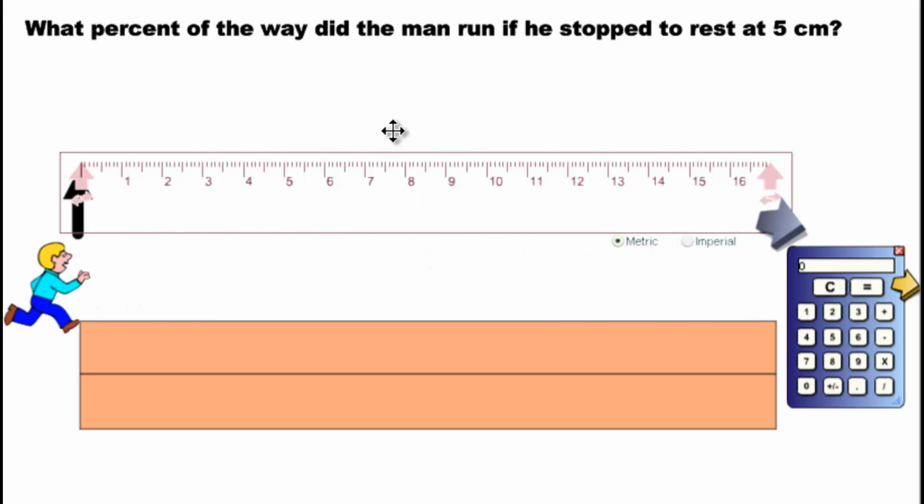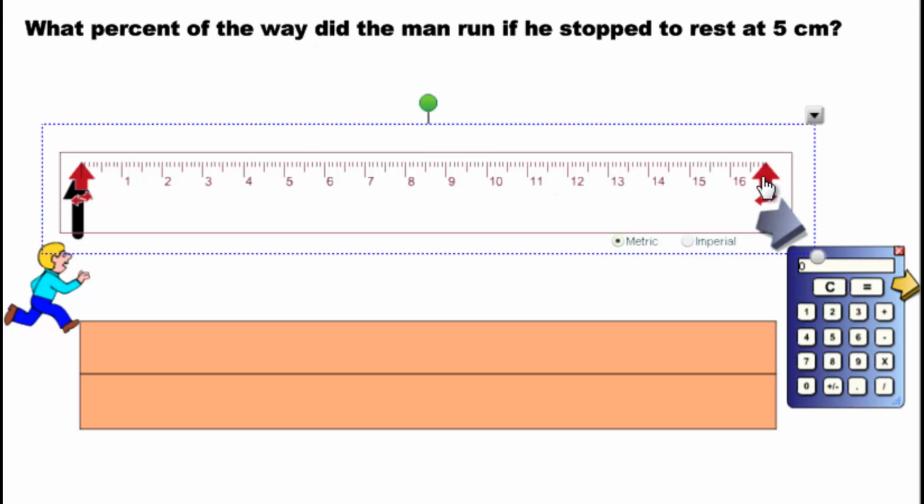If he ran half of that distance, so let's see here, how long is this distance here? Here's 16, and then right here is the 17th centimeter. If he ran half of 17, what's half of 17? 8.5, right? Because half of 16 would be 8. Half of 17 would be 8.5, because 8.5 and 8.5 makes 17.